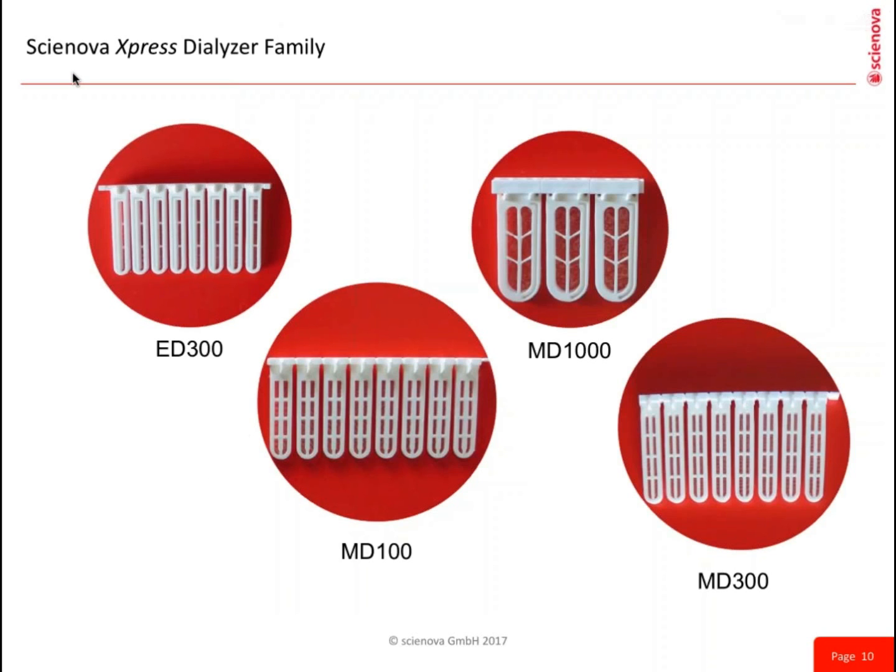Here you can see 4 types of our microdialyzers, and they are characterized by the sample volume. You can see the MD100 for a volume of 100 microliters, the ED300 and MD300 for volumes up to 300 microliters, and the MD1000 for a sample volume of up to 1 milliliter.